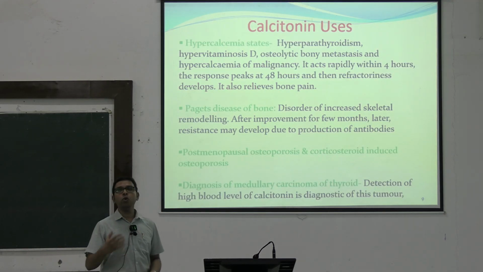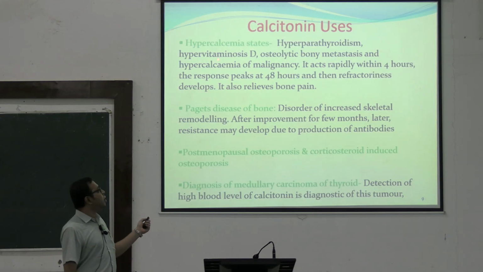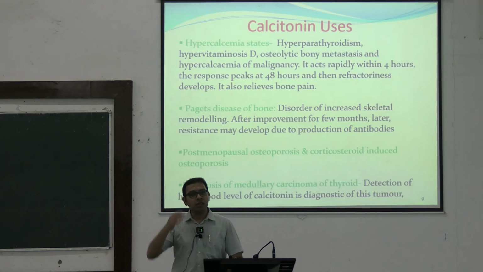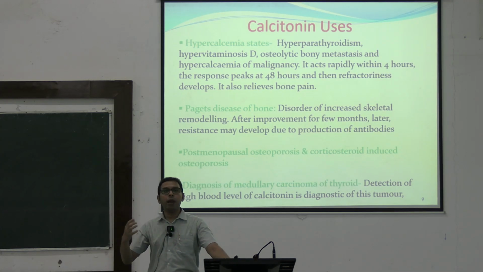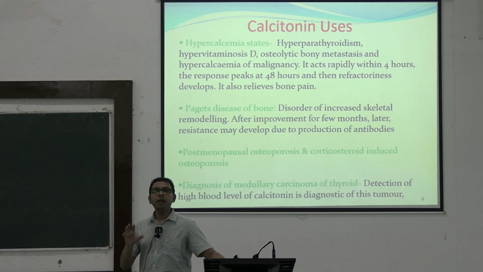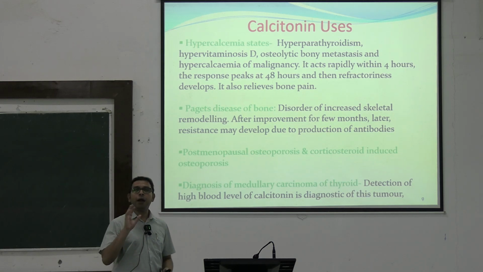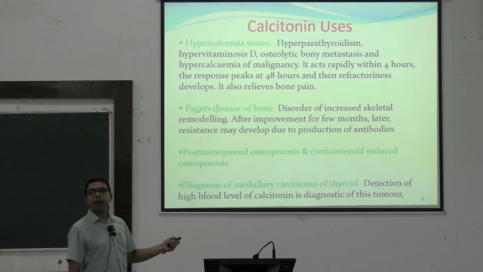Now where do we have to use calcitonin? First is in different types of hypercalcemic states. Since its action is to decrease the calcium level in the blood by decreasing the resorption of the bone, it is used in different types of hypercalcemic states. Now what are these hypercalcemic states? Hyperparathyroidism.